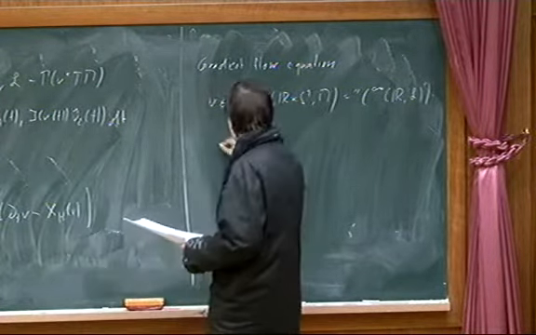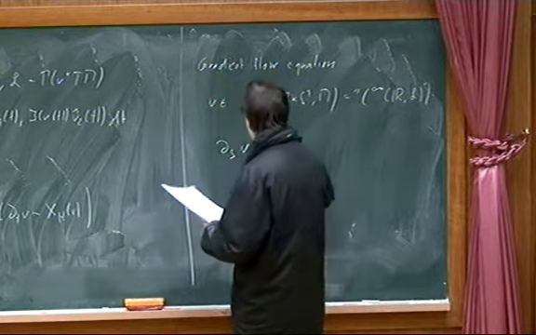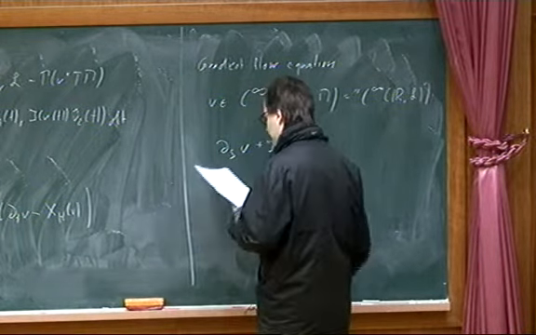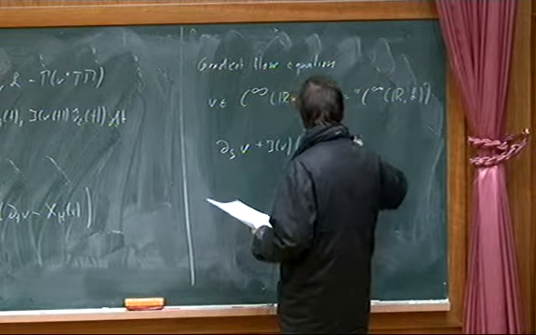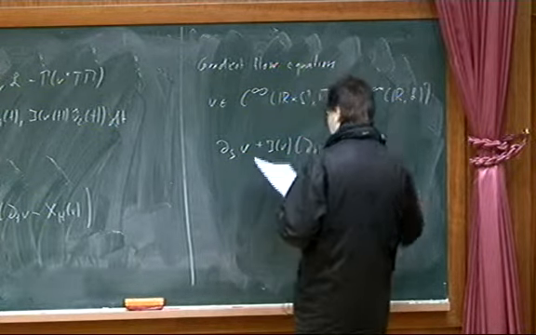Interpreted as a PDE, this is dSV plus J(V) dTV minus XH(V) equals 0.